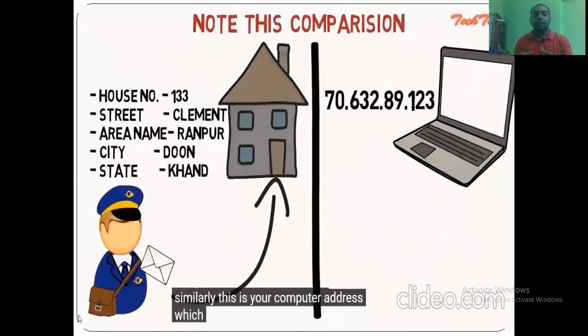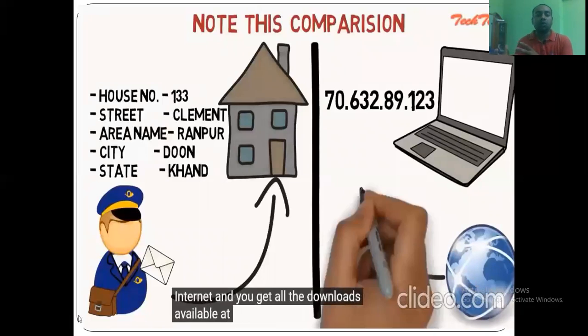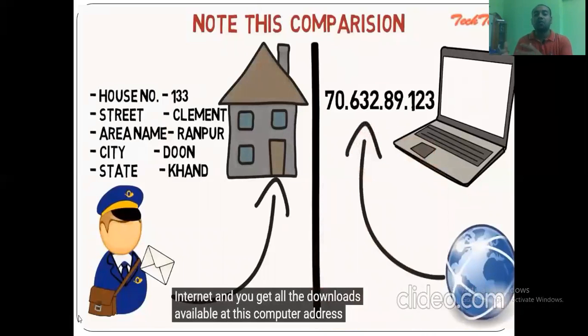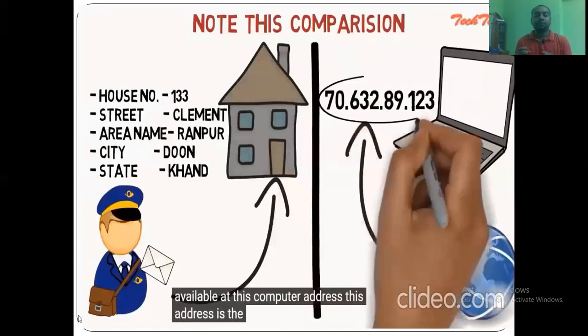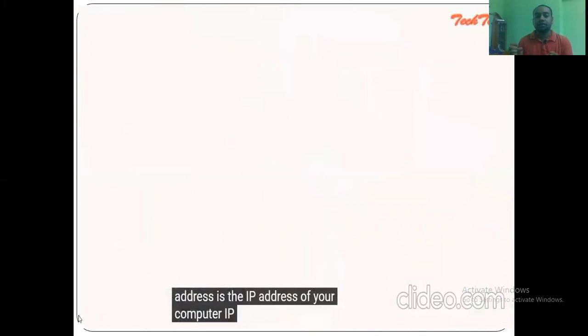Similarly, this is your computer address, which is identified by the computers in the internet, and you get all the downloads available at this computer address. This address is the IP address of your computer.